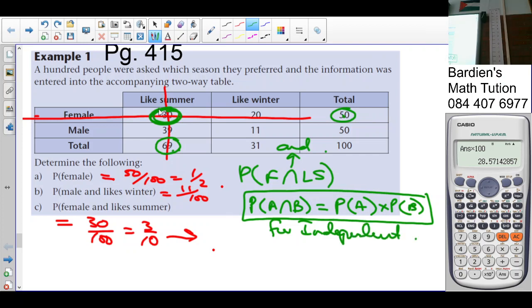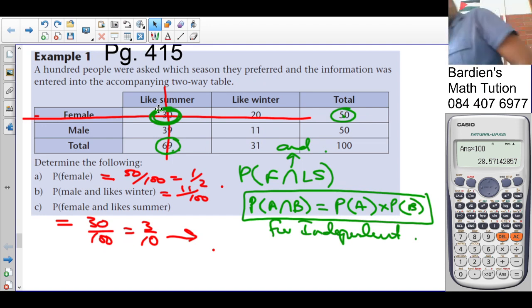So write that down. For independent events, the probability of A intersection B is equal to the probability of A times the probability of B. That you must memorize. You're going to use that extensively in this section of work. It's not on your formula sheet.